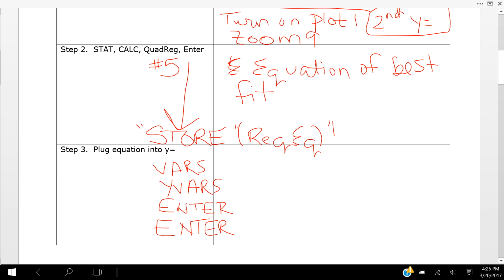So when you're finished with that and you actually get the equation, you can do zoom 9 or graph, and you can look at your line related to your data points and see that it is a line of good fit or not.